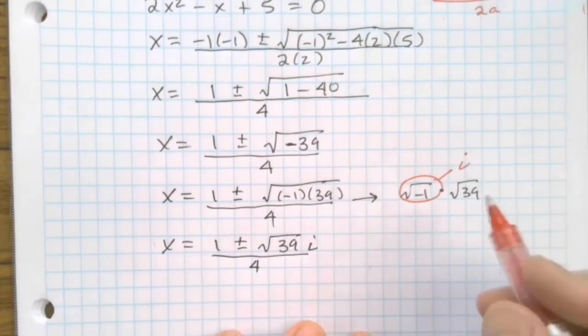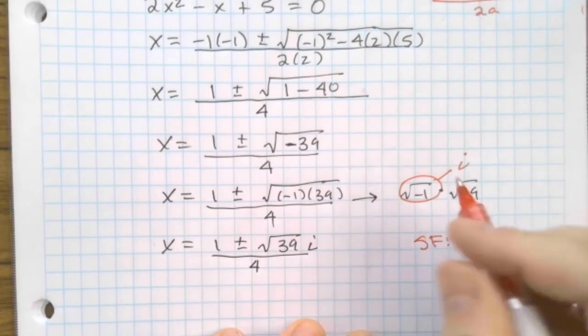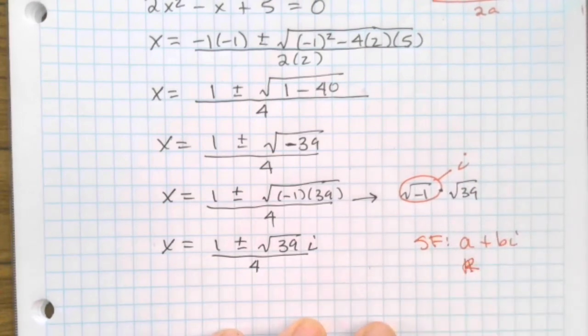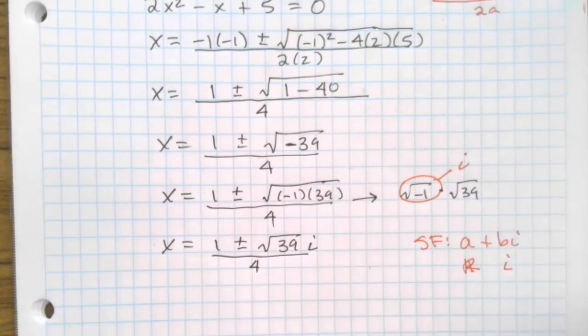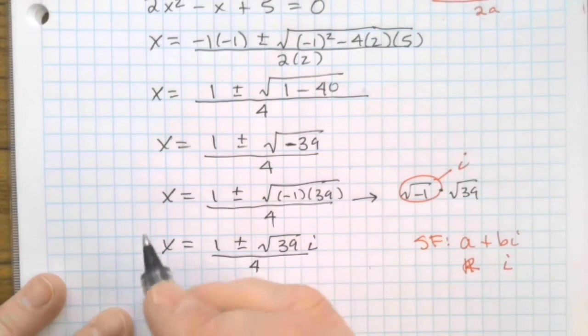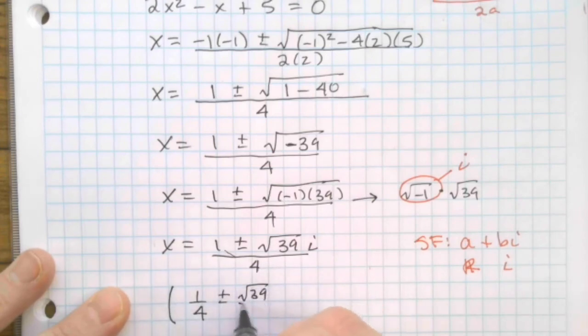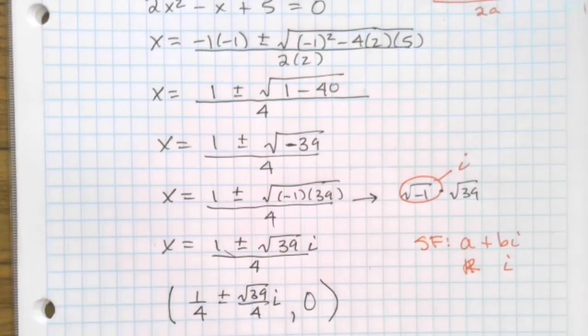Now remember, standard form of an imaginary number is a plus bi. The real number comes first, the imaginary number comes second, and i is on the side. So this is actually, and you're going to have to separate that 4, 1/4 plus and minus radical 39 fourths, i on the side, comma 0 if you're required to write intercepts.